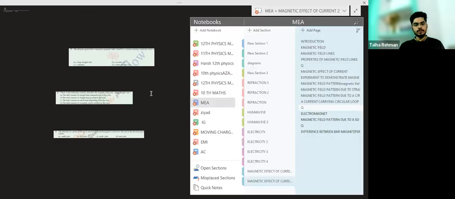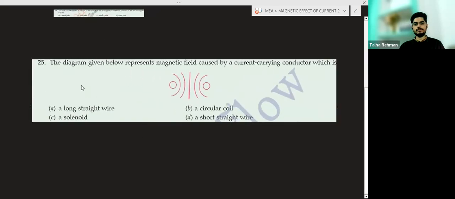Okay, now we will solve these 3 questions. The diagram given below represents the magnetic field caused by a current carrying conductor, which is a long straight wire, a circular coil, a solenoid, or a short straight wire.